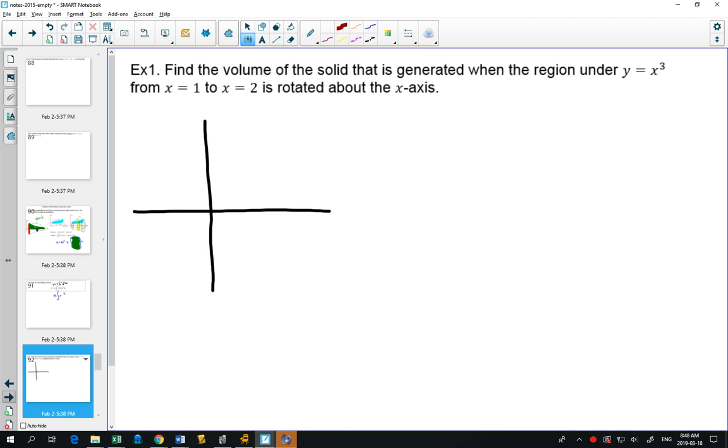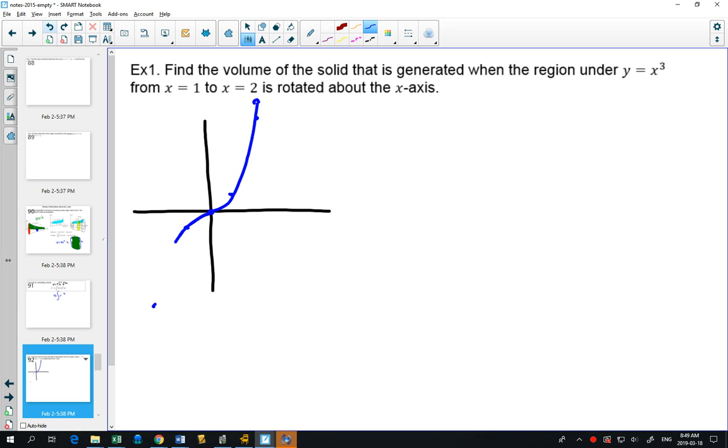So what does our x cubed graph look like? Well, it's got 0, 0, 1, 1, negative 1, 1, 2, 8. Wow, is that flattened out enough? I said I like drawing it, and then I just go and butcher that. Okay, we're going to try that again.